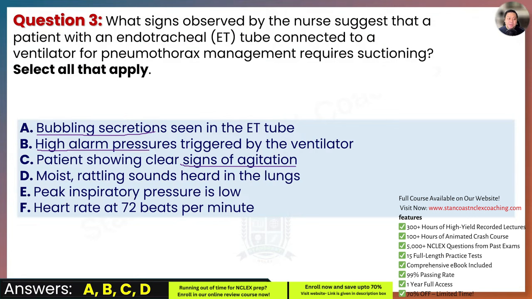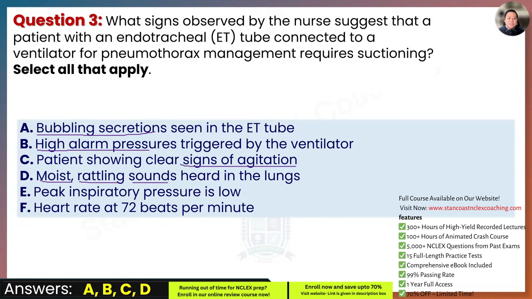This could mean rhonchi or crackles, which suggest mucus in the airway. And since the patient cannot cough effectively with an endotracheal tube, suctioning can help clear the secretions, and this will improve their oxygenation and lung function. So pay attention to these rattling sounds.